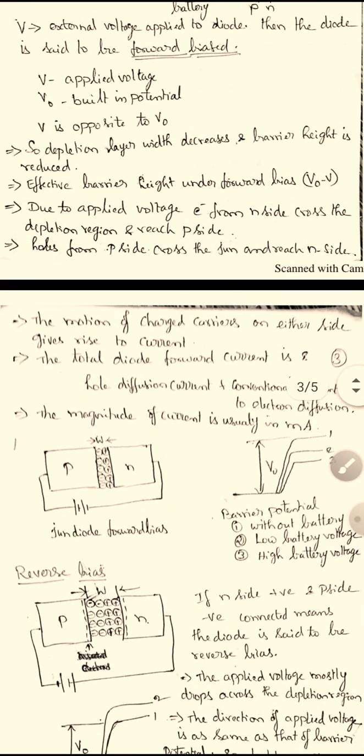So the total diode forward current is the hole diffusion current plus the conventional current due to the electron diffusion.